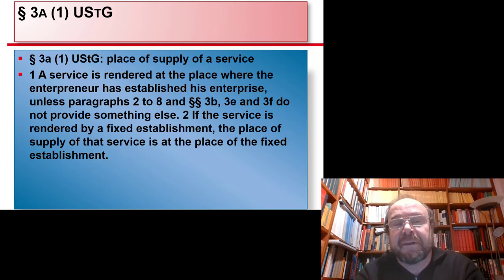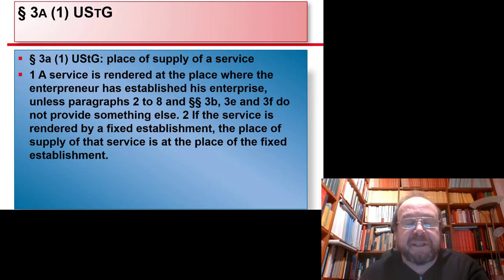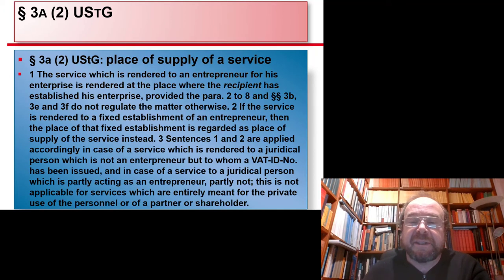So if you have a haircutter's shop and have 3 different shops in different cities, then the place of supply is naturally the shop where the haircutting to the customer was done, plain and simple. 3A2 is the place of supply of a service if the service is rendered to an entrepreneur for his enterprise. Then it is rendered at the place where the recipient, so the business customer, has established his enterprise.